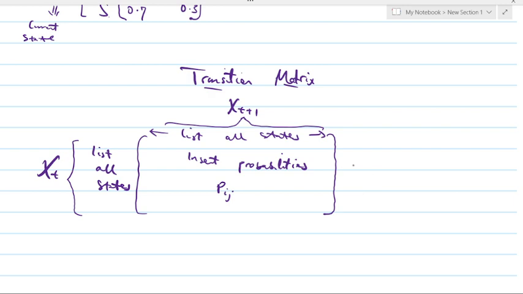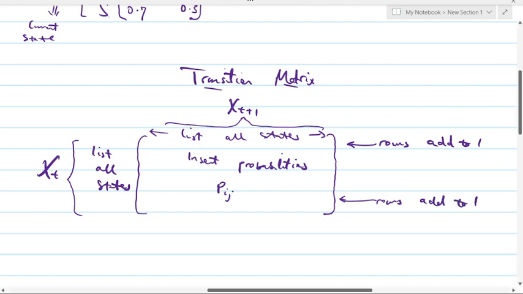Also take note that your rows add up to 1, and your columns need not add up to 1. Take note of that.